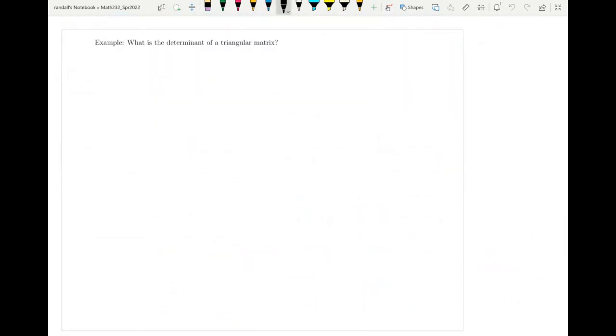Okay, on to another example, another situation where you can see pretty quickly what the determinant is: the triangular matrices. So I'll just write down all the three types of matrices I'm talking about. So the upper triangular, that's when the non-zero entries are in the upper part of the matrix, and then the lower triangular. I'll just do an example for one of these forms.